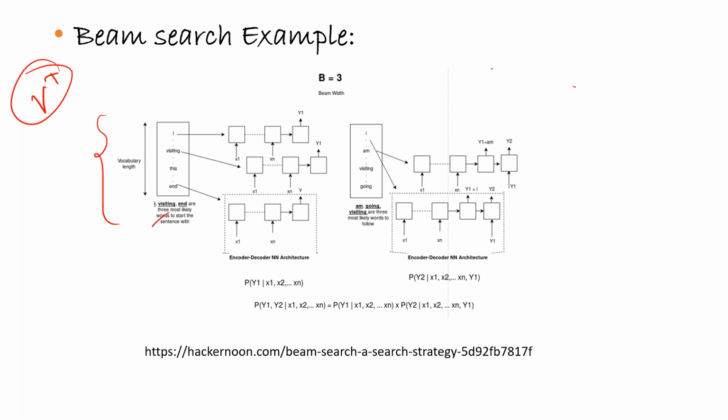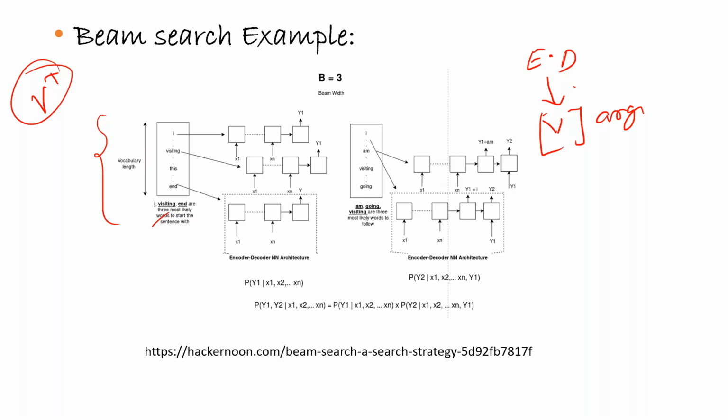Because in an encoder decoder, when we do the dot product, we generate a vector, and we take the argmax on top of that. On that vector, again we apply softmax or any function that we need.